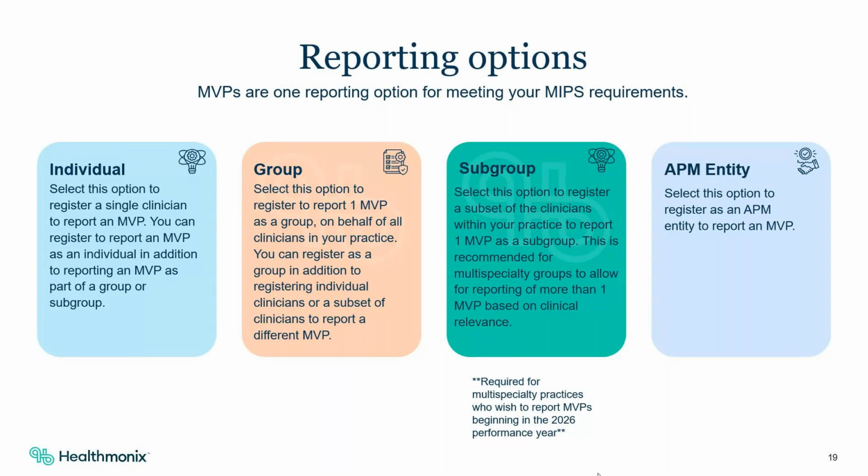And then the other option is the APM entity MVP. You can report if you're an APM entity, not an ACO. For subgroups, they will be required, as I stated earlier, for 2026.